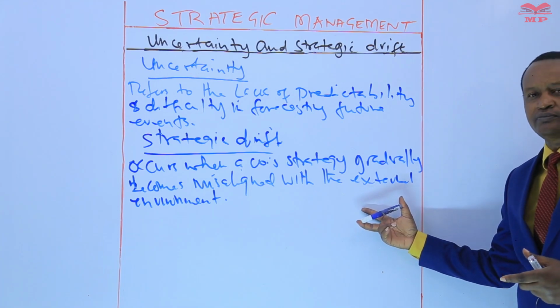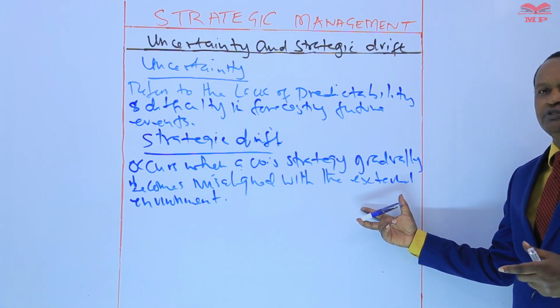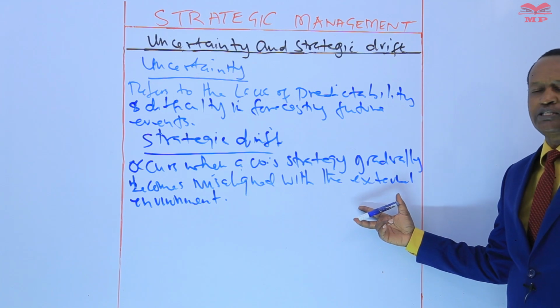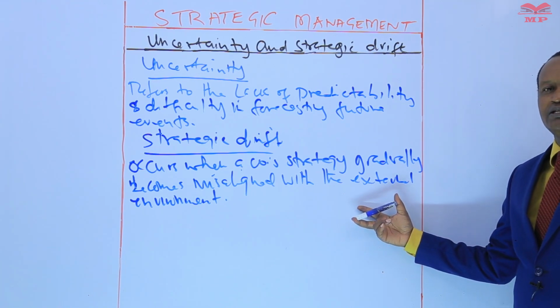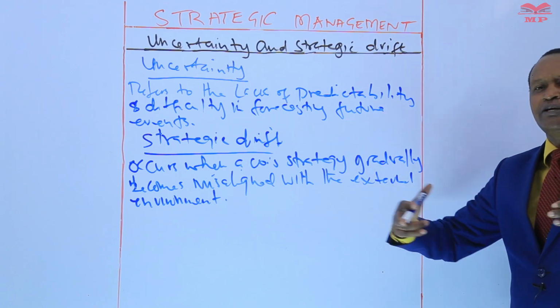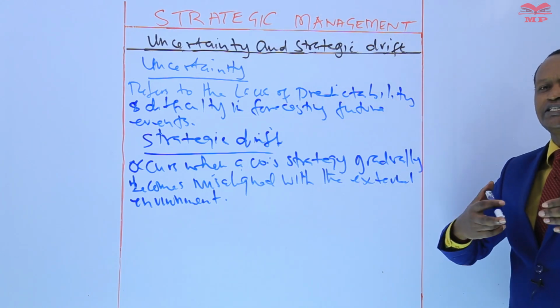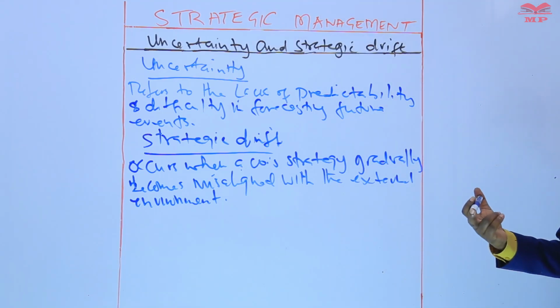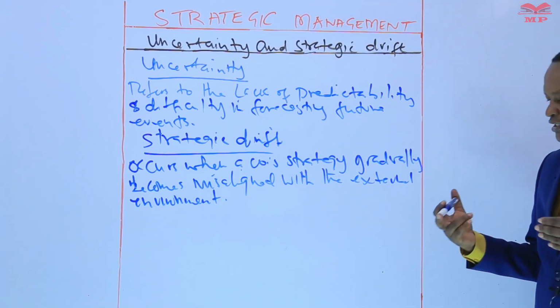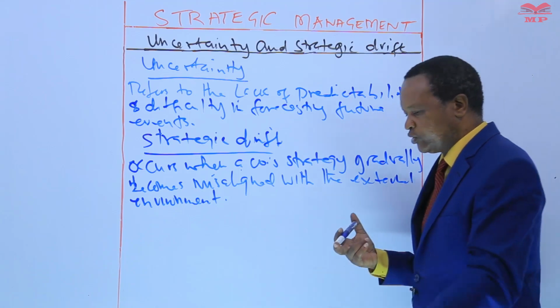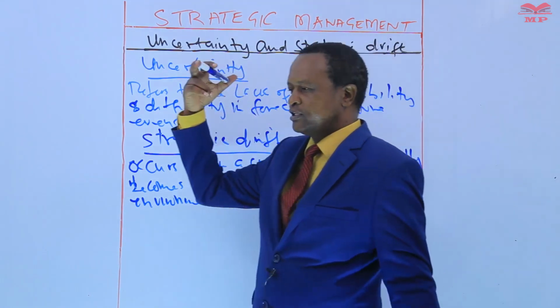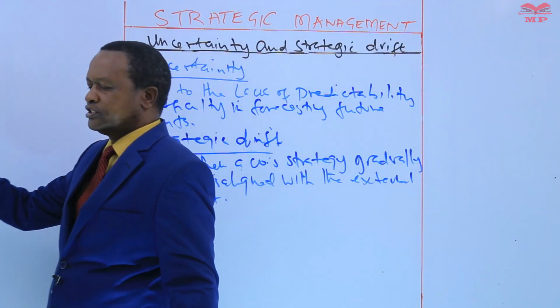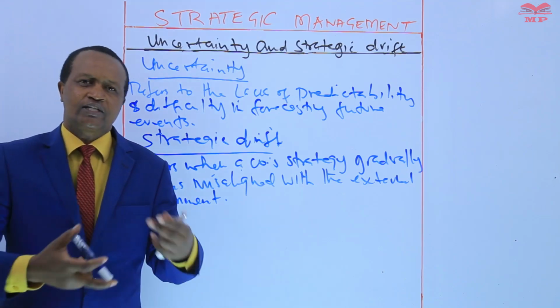Do you understand? It is a slow and subtle process that can happen over time as the organization fails to adapt to changing circumstances. Because changes can be slow. We may have one law changing this year, another law changing another year, but the organization does not adapt.